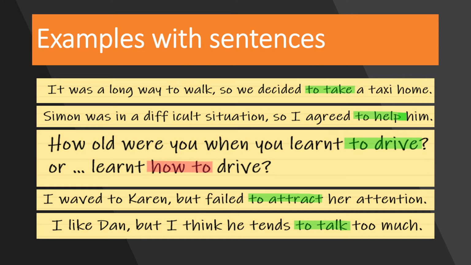Look at this, I'm going to show you first. The first one says, "How old were you when you learned to drive?" Or you can say, "How old were you when you learned how to drive?" In this case, how to drive is sometimes known as a relative clause.